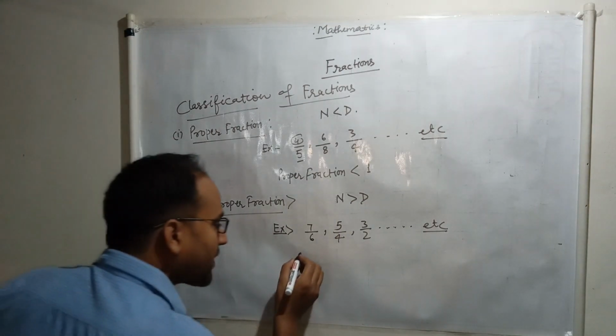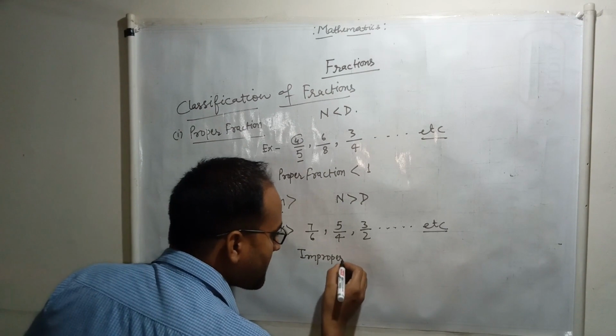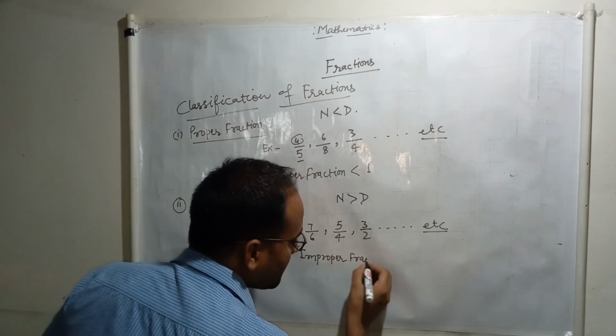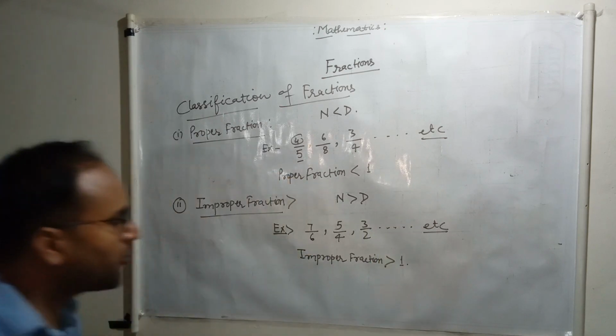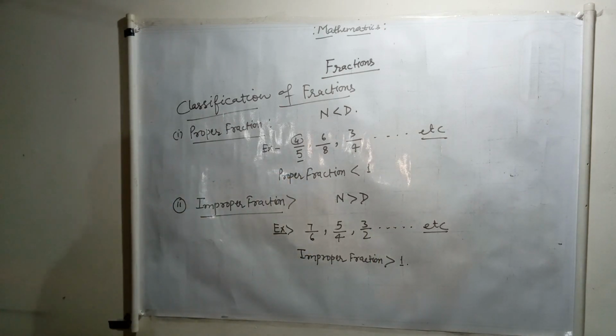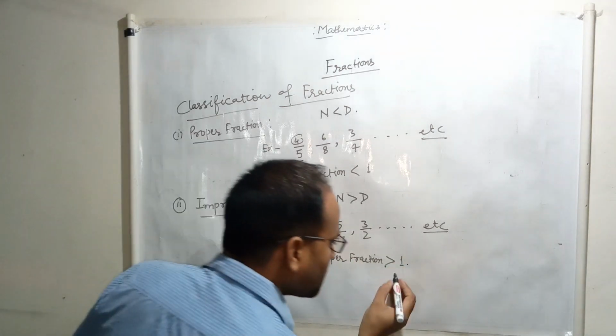An improper fraction is always greater than 1. Sometimes an improper fraction is equivalent to 1 also.